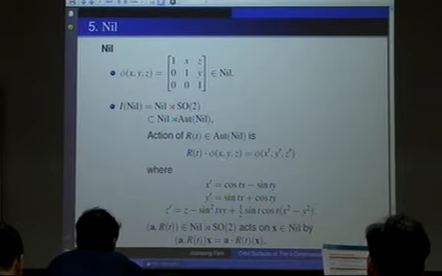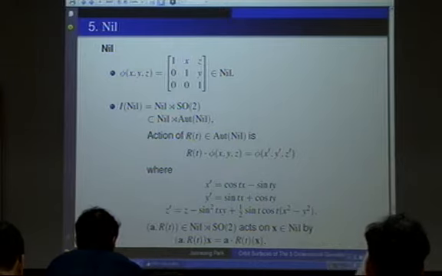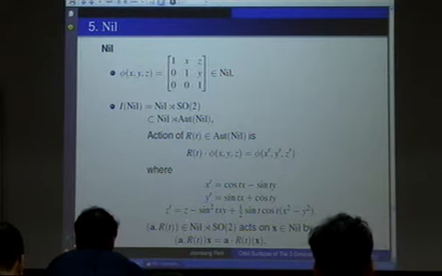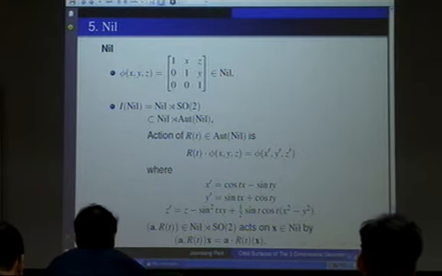R_t acts this way, where the coordinates x', y', z' become as follows. If you see x' and y', R_t acts exactly as a rotation. But for the central direction z, it's quite complicated. So it looks like this.